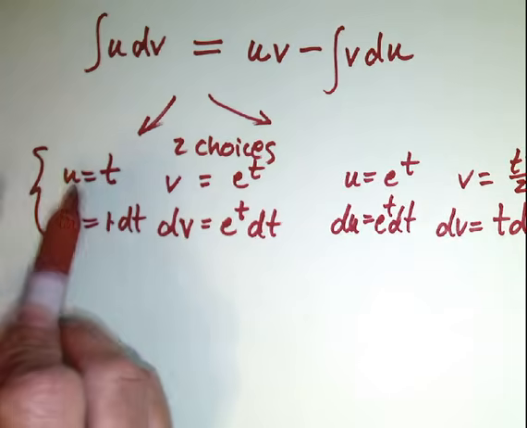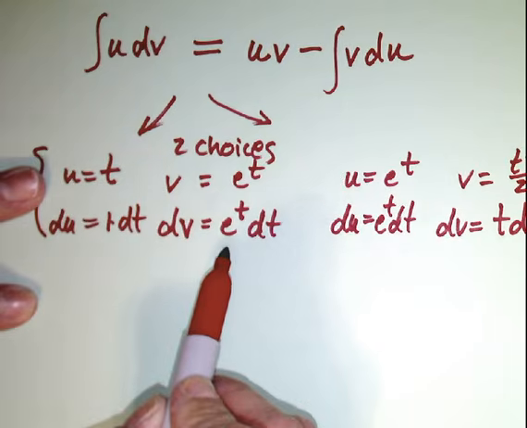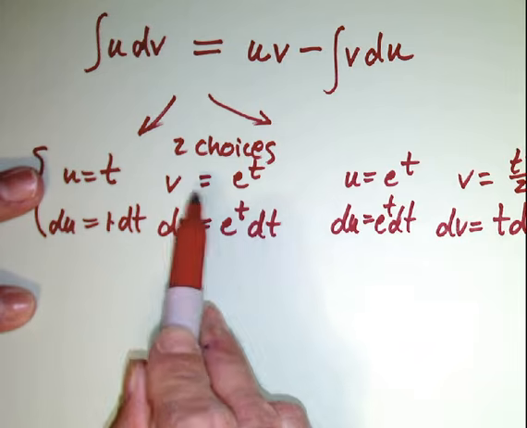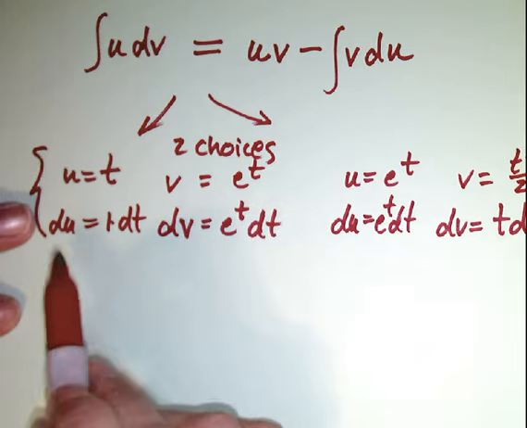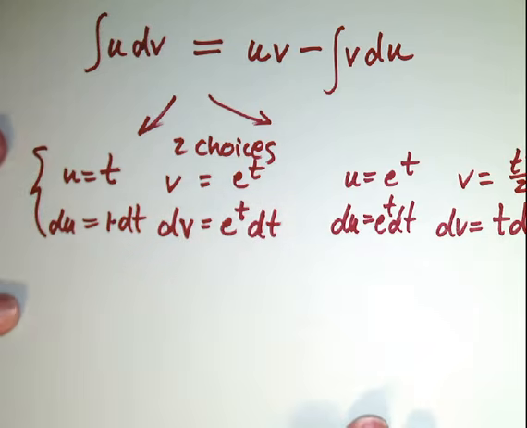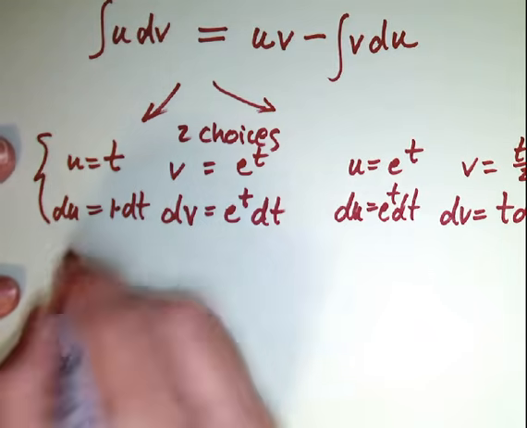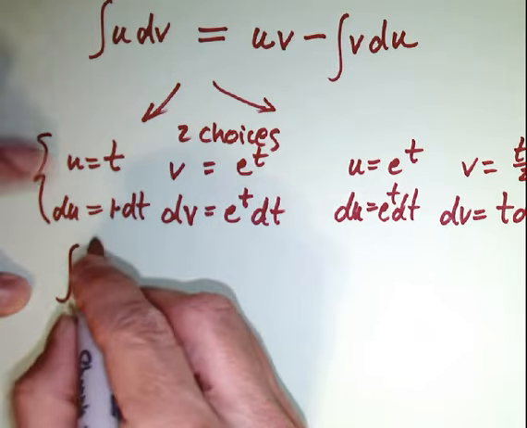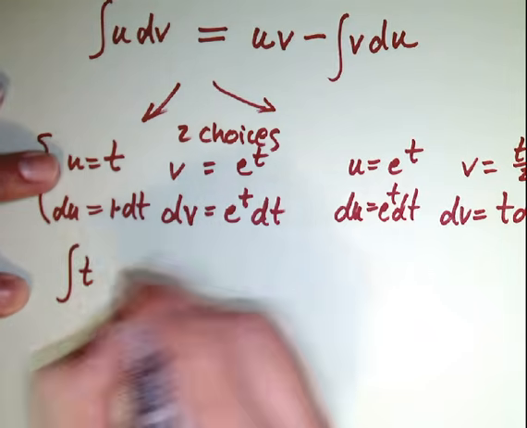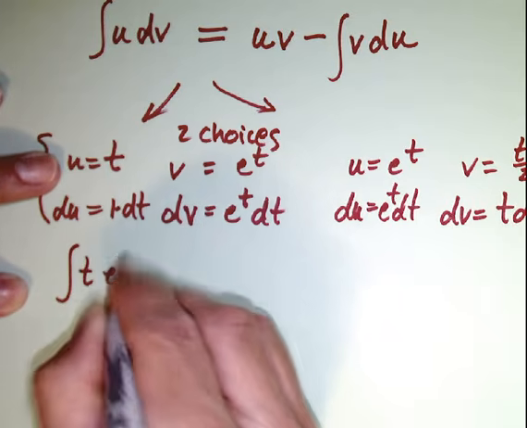I'm going to let u be equal to t and dv equal to e to the t dt, which means v is e to the t and du is 1 dt, or just dt. Let's make sure I did that appropriately. There's my u, t, dv, e to the t dt. Good.